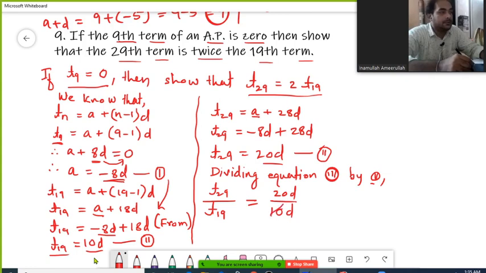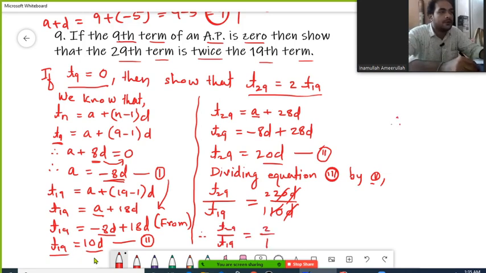So this 10 and 20, that is 2 upon 1, and d will cancel. So therefore T29 upon T19 is equal to 2 upon 1.